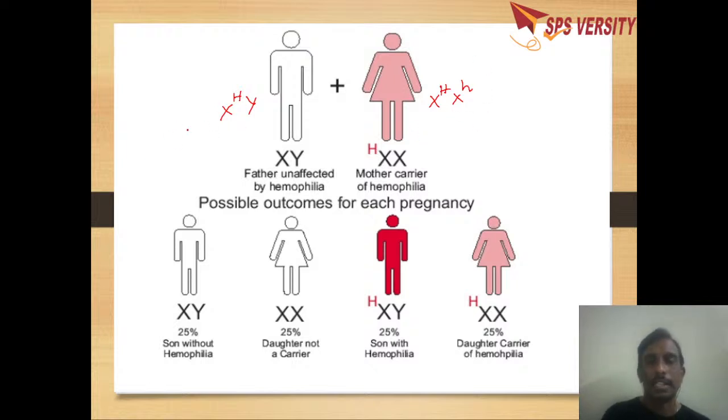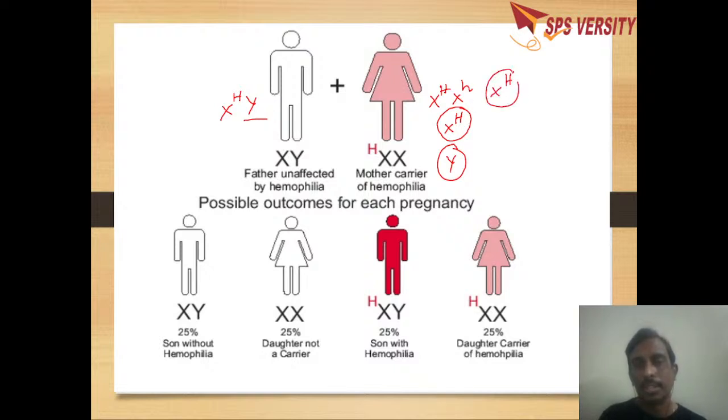The male gametes will be X capital H, Y. Female gametes, X capital H, X small h. Do crossings.